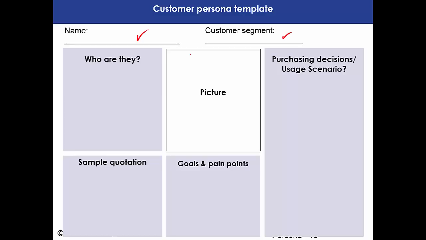And who is this persona? Attach your pictures here, and include some sample quotations. Identify the goal. See, the goal and the pain points are important in a persona. And if possible, identify the purchasing decision and the usage scenario for this persona.